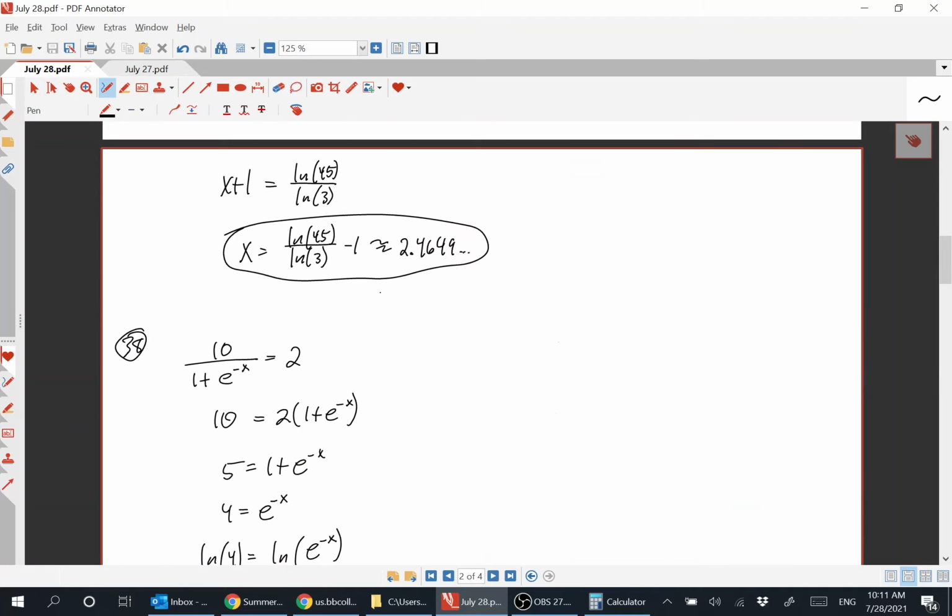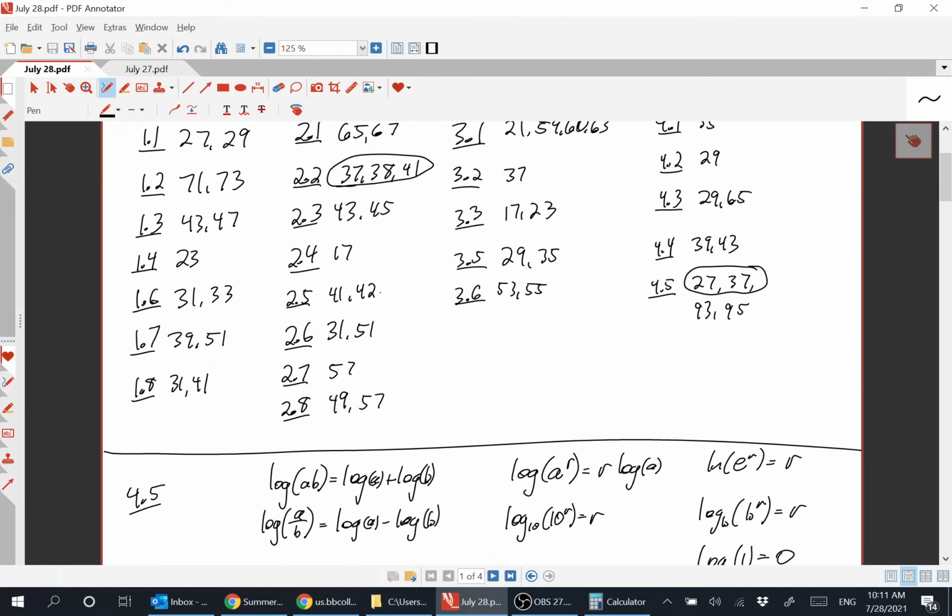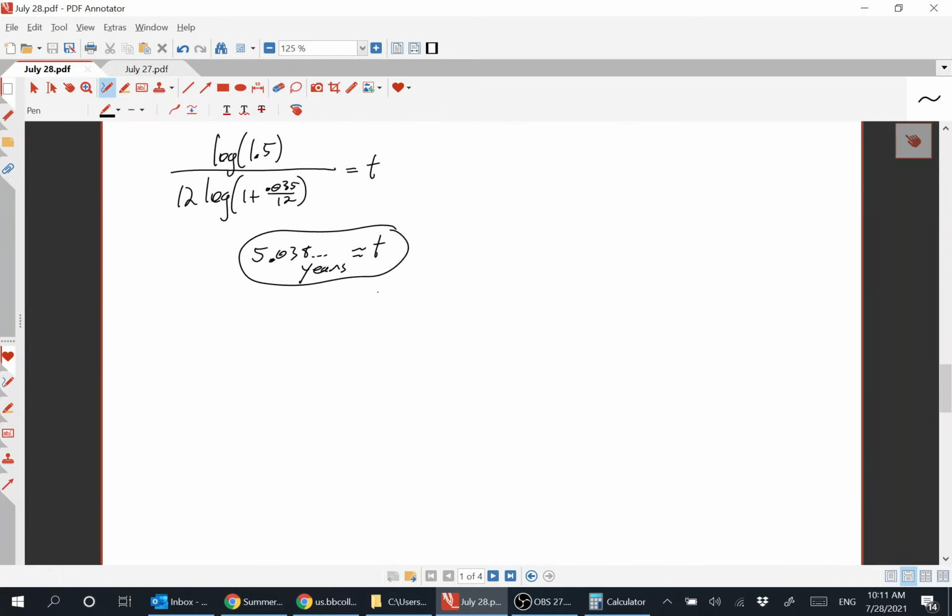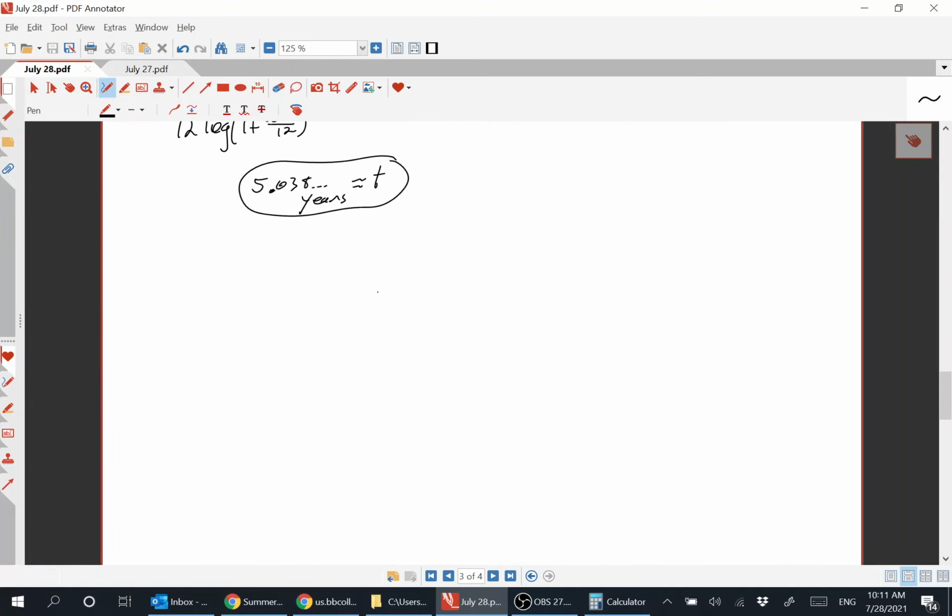Other popular applications of exponential functions, like number 95, is this half-life thing. So the half-life formula.